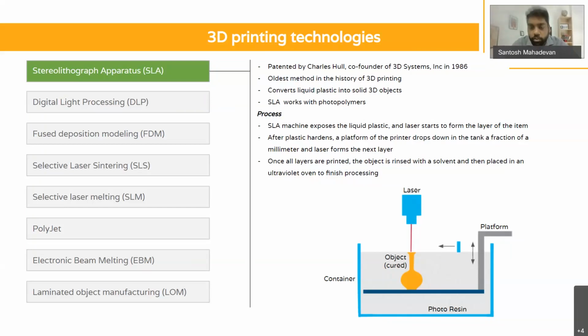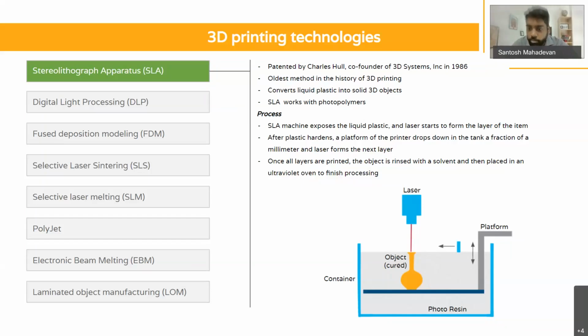If each layer is going to be 1 thick, this platform will drop down by 1, right? And when it does so, naturally the platform is going to get flooded with the photopolymer, correct? So we can say that the photopolymer has also formed a layer of 1 height on this platform.